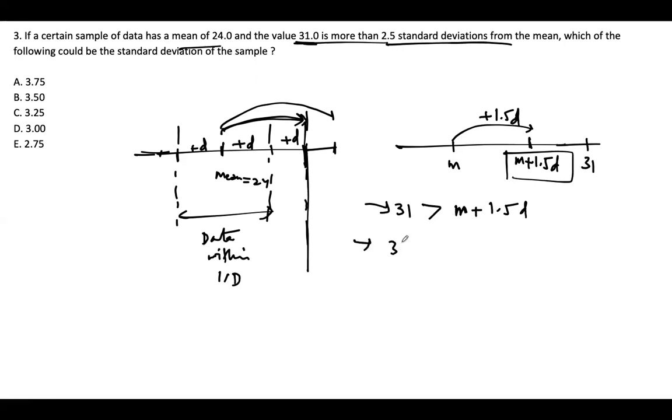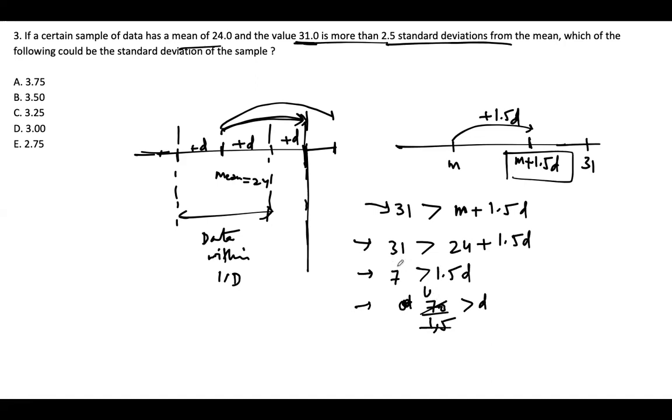Okay. What is the value of m? 24. So 7 is greater than 1.5 times d. So d comes out to be 7 divided by 1.5, which is 70 by 15. So 15 fours are 60.